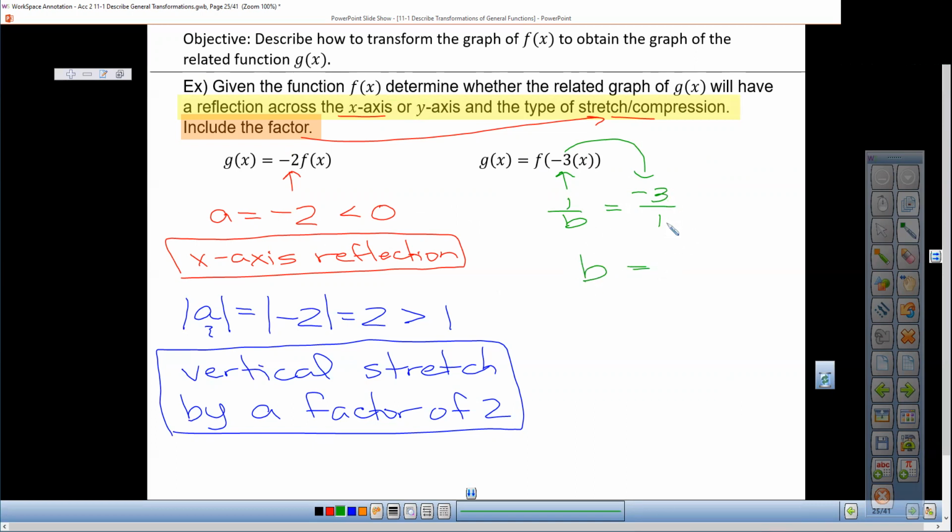And so -3 over 1 becomes 1 over -3, or -1/3. Because it's negative, meaning it's less than 0, there is a reflection. The type of reflection we have here is our y-axis reflection, because that's a type of horizontal reflection, left to right or right to left. So this gives us a y-axis reflection.